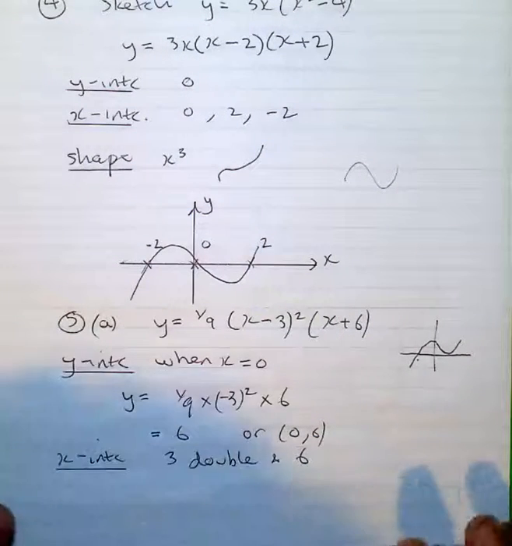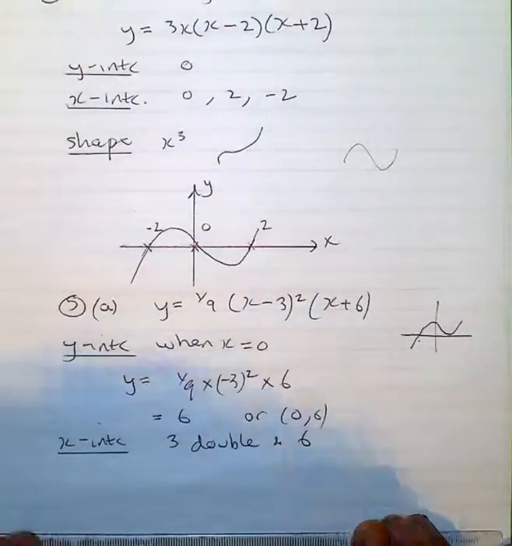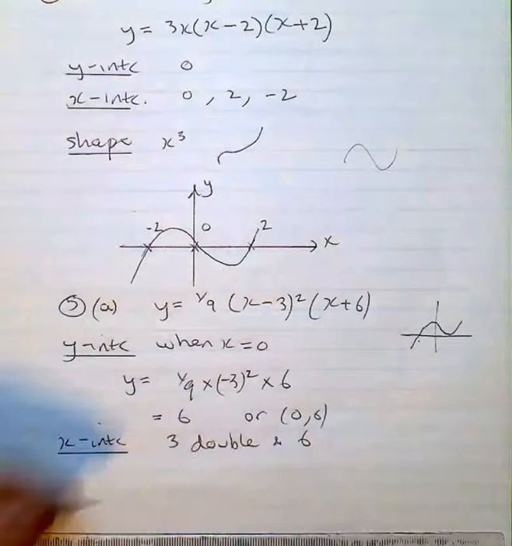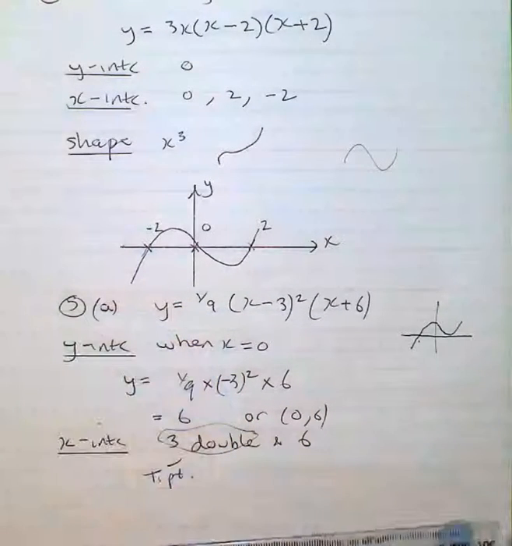So I now have enough information in order to determine it. By the way, the only time we're interested in turning points in this particular stage of this course is for when we have a turning point at the 0. So this point at 3 will also be a turning point.